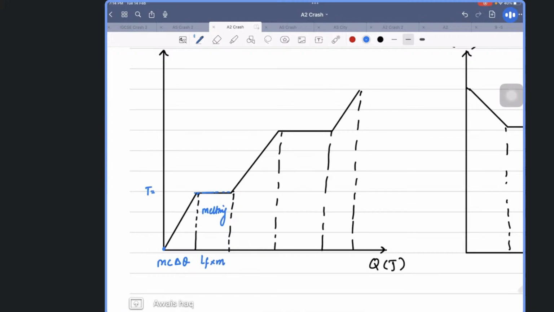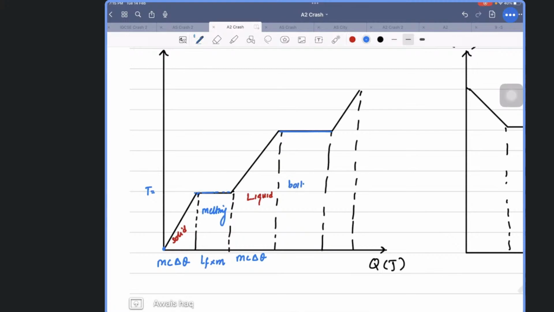Then the next section, the solid has completely melted, so right now it's in the liquid state. This is where it is liquid, this is where it was solid. In this section you're going to again use mc delta theta because the temperature is changing. Then in this section you might realize that this is where the boiling is happening.